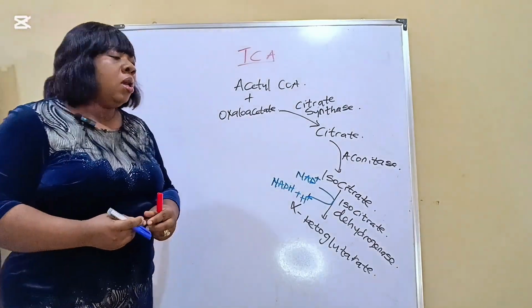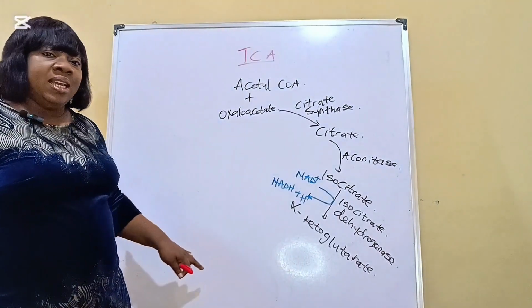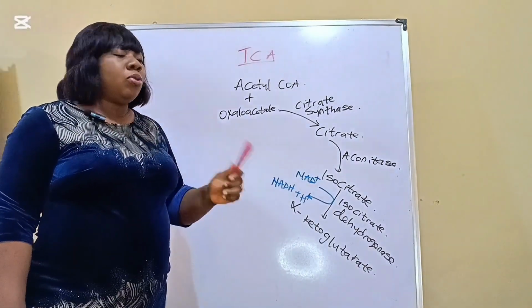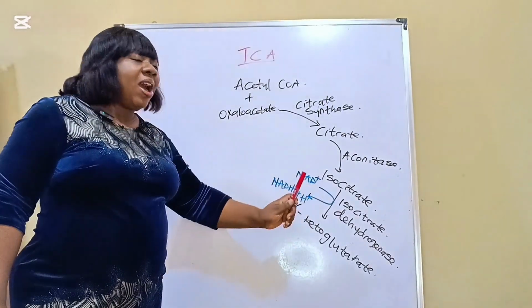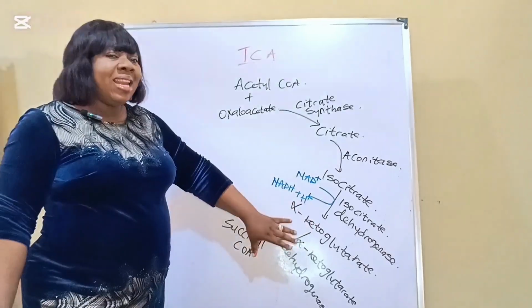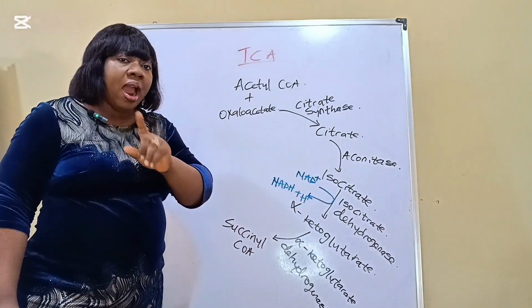Now, let's move on. Alpha ketoglutarate will now be converted to succinyl CoA, and the enzyme that helps us to catalyze that reaction is alpha ketoglutarate dehydrogenase. In this reaction, there will also be production of another electron carrier.